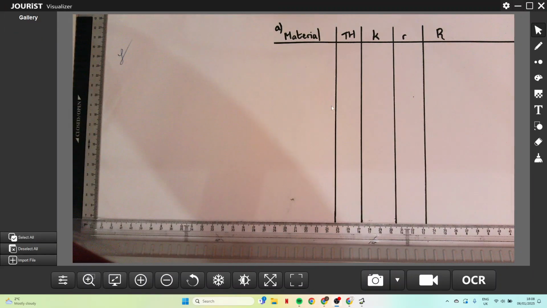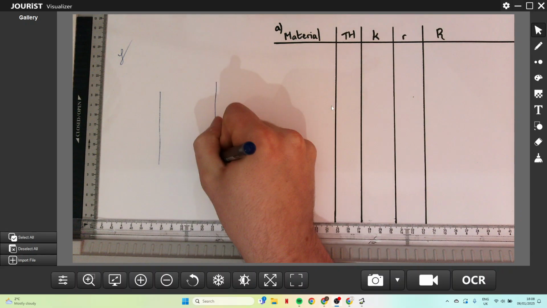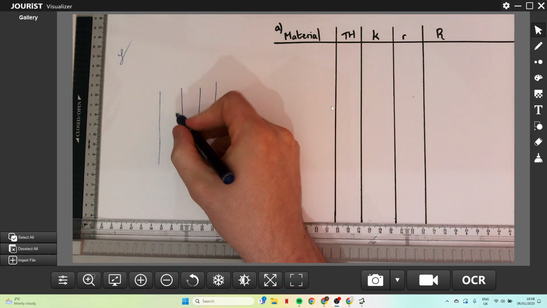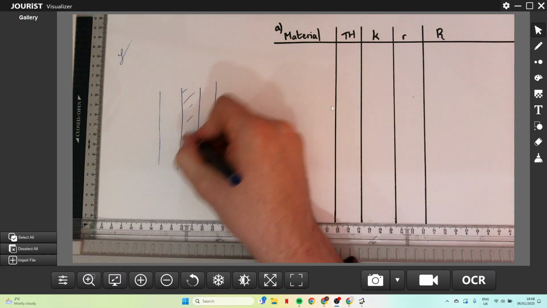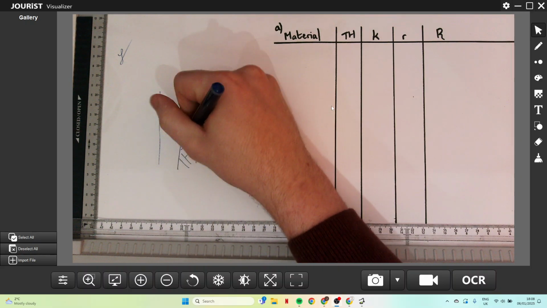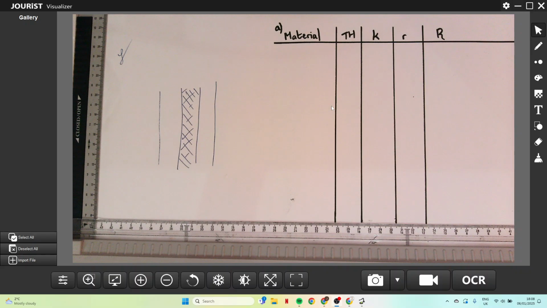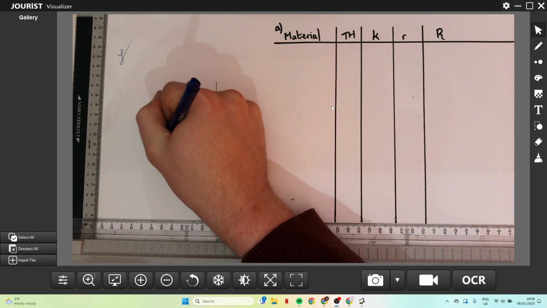Now, in terms of our wall, we're going to have an internal leaf. Let's just take a standard block wall for a passive house. So we have our two outer blocks, our outer leaf, our inner leaf, and my insulation in the middle. On each of my walls, both external and internal, I have this very thin layer of air.